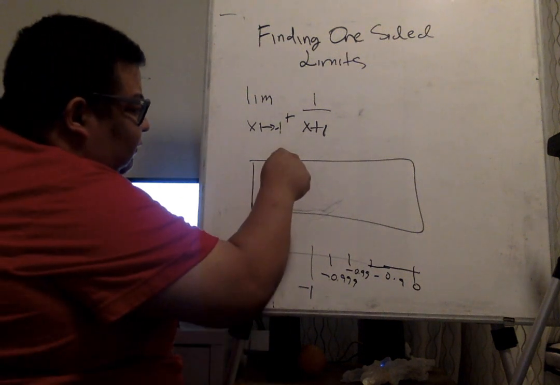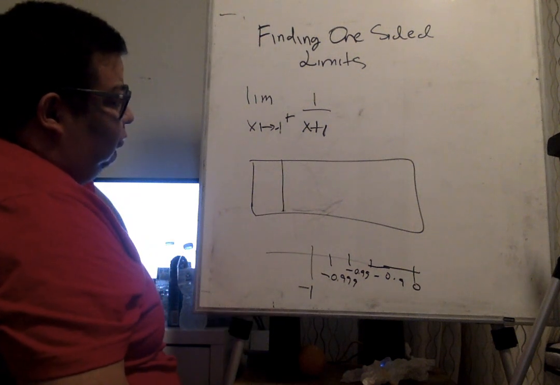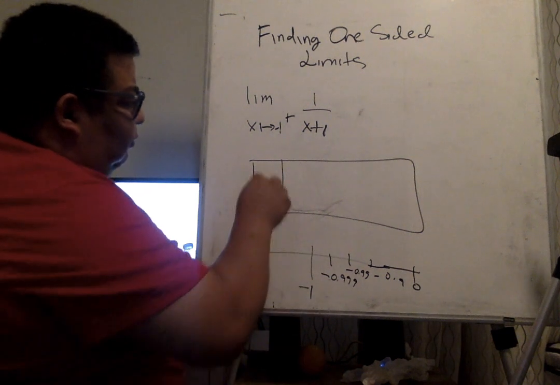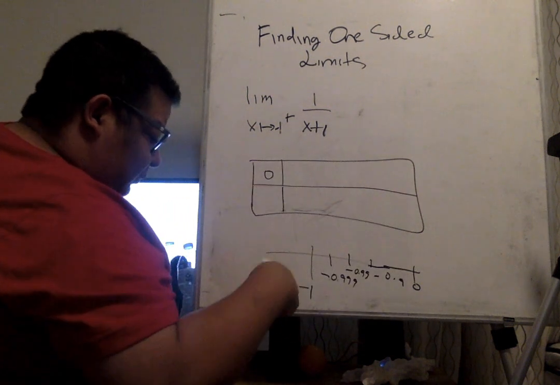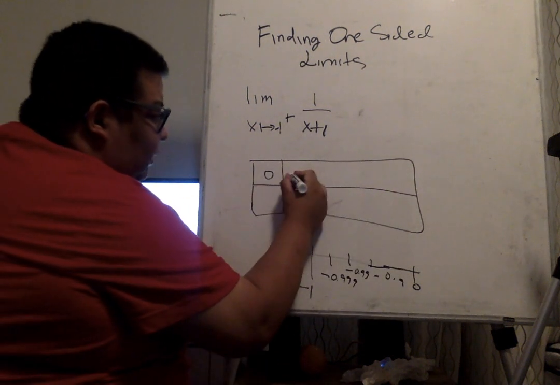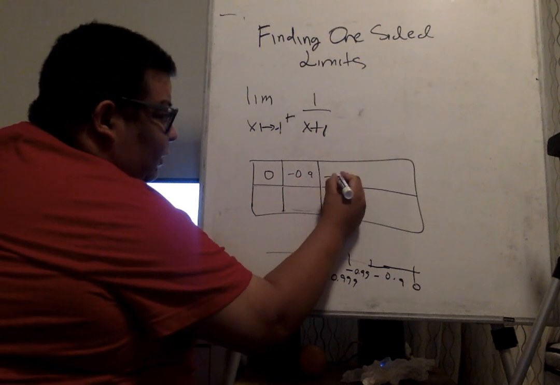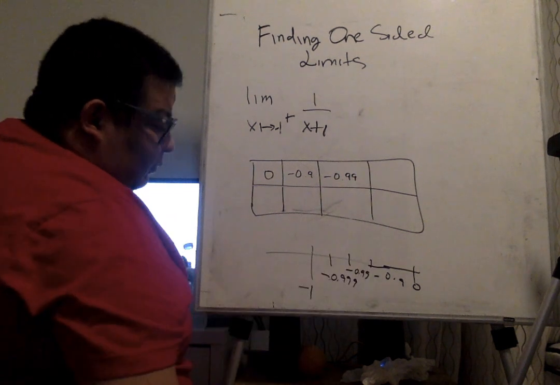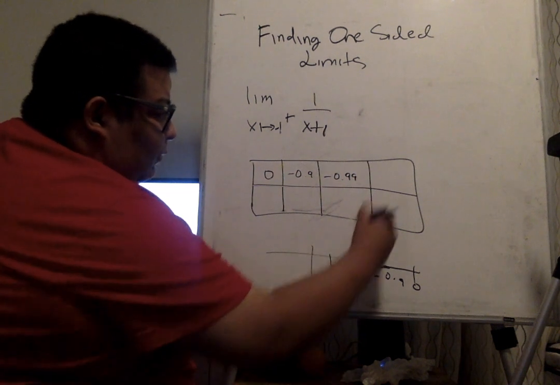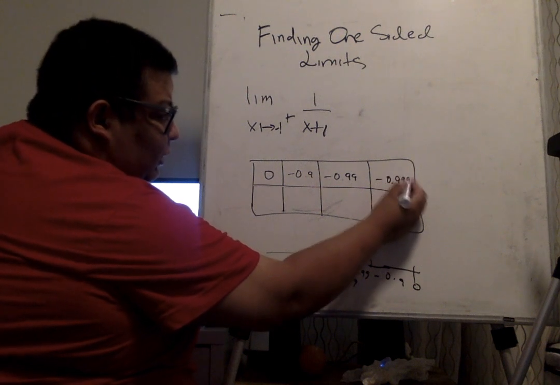So let's create a table. Let's put 0 here, then -0.9, -0.99, and then -0.999.